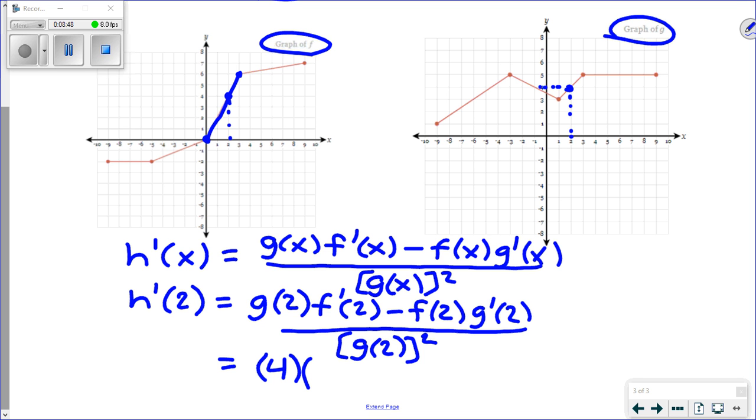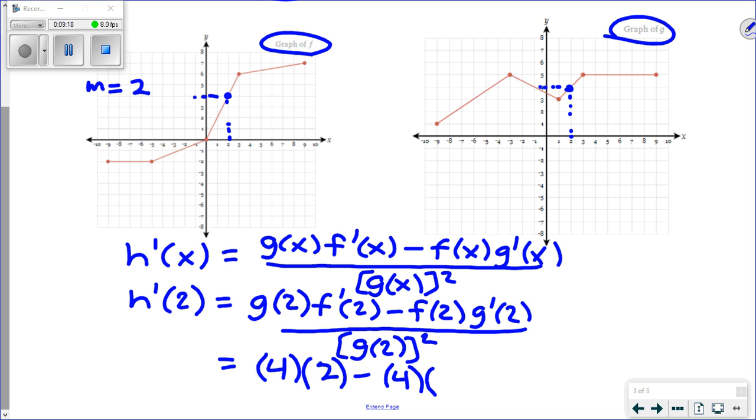I have to go up 6 and over 3, so my slope would be 2, 6 divided by 3. So f prime of 2 is equal to 2. Okay, minus f of 2. Now f of 2 is different. f of 2 just means we're evaluating the function. So when x is 2, y is 4.